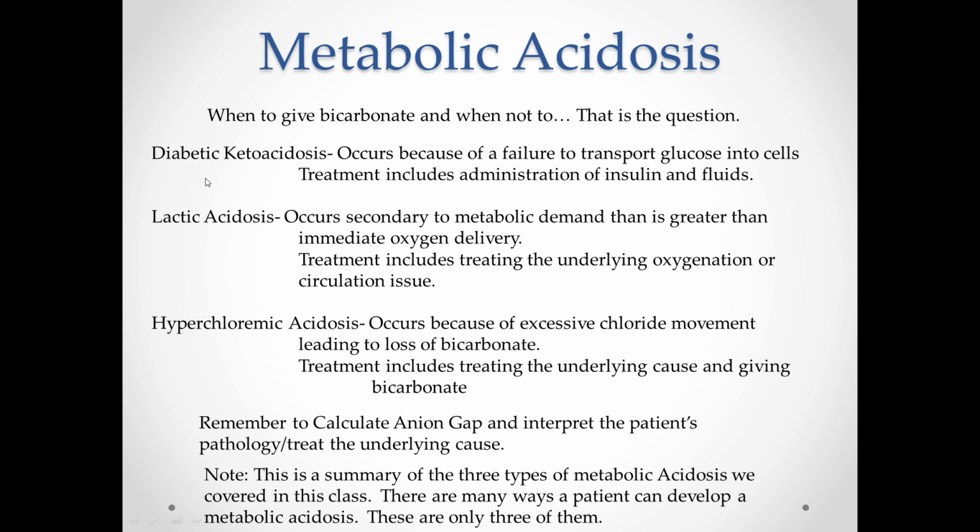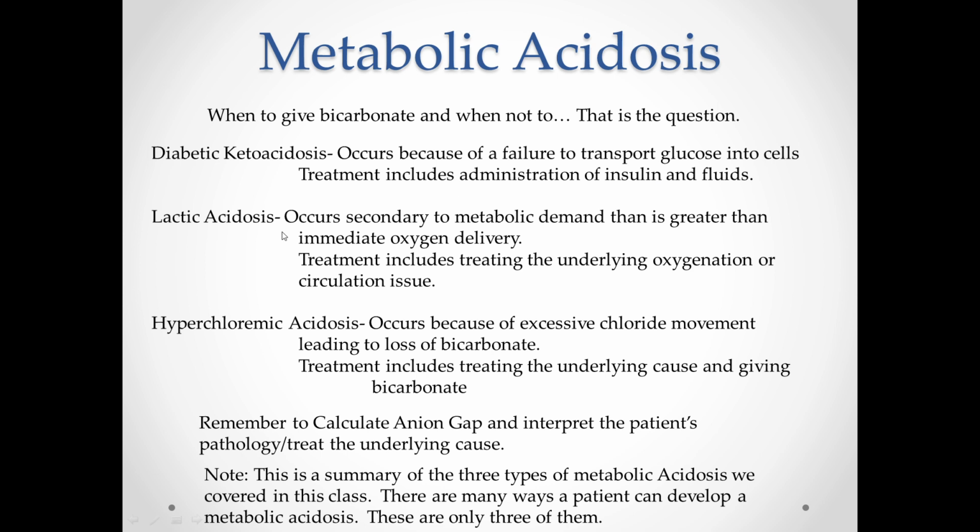And so there are a couple different reasons for a metabolic acidosis. So diabetic ketoacidosis, a lactic acidosis, and a hyperchloremic acidosis. The diabetic ketoacidosis occurs because of failure to transport glucose into the cell. So treatment would include administration of insulin and fluids.